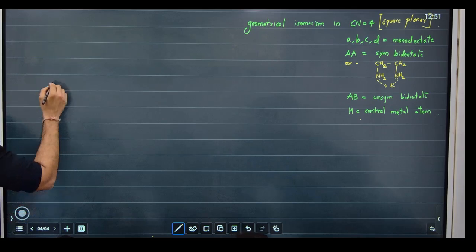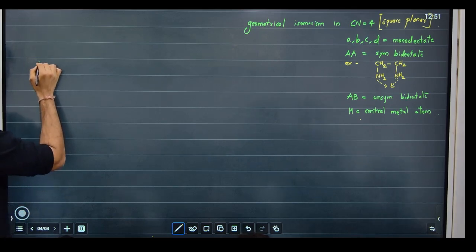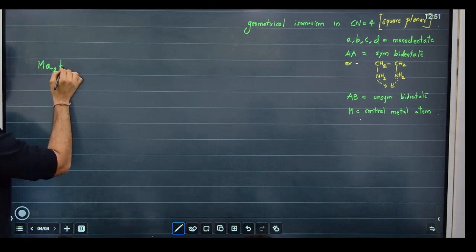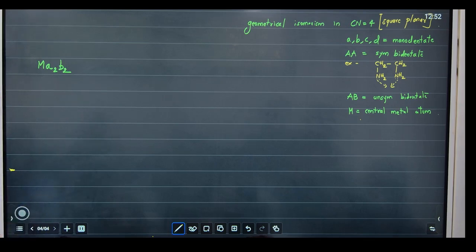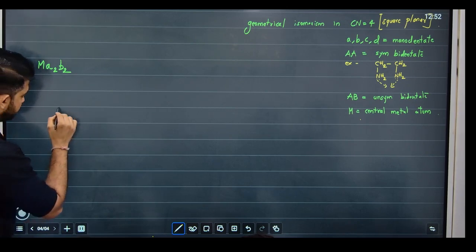Now, so let's say if I have M A2 D2. Start with the first one. What does M here represent? Central metal atom. A and B hetero या homoleptic complex है? Hetero. Center में कौन आने वाला है?